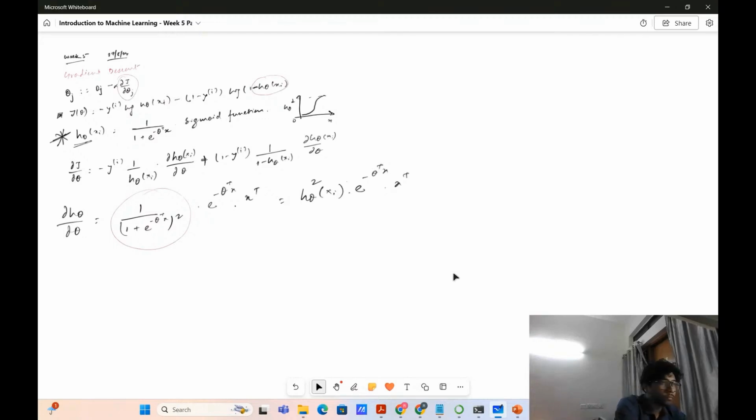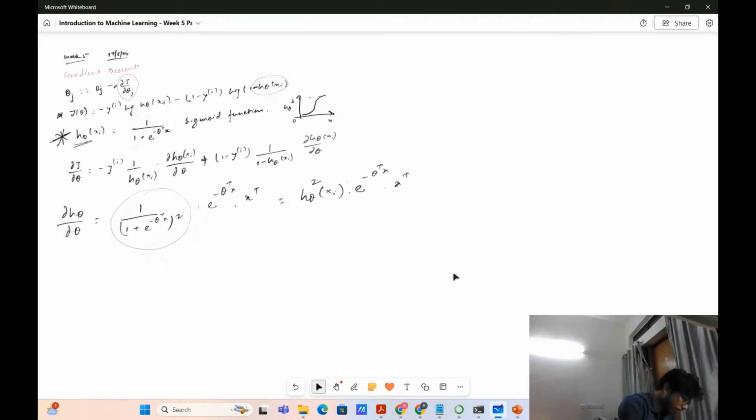In other words, you can also write e to the power of minus theta transpose x as... okay, wait, we will do that later. Let me rewrite the del j del theta term.